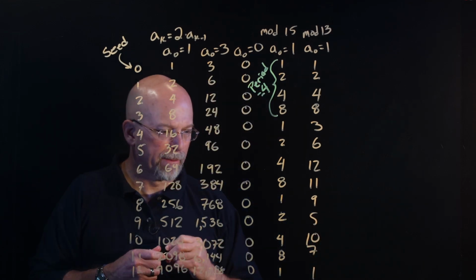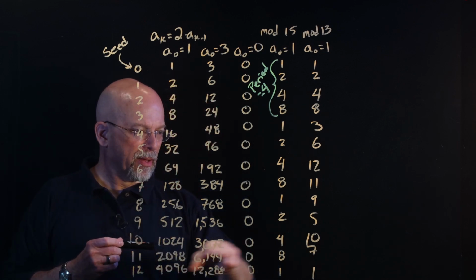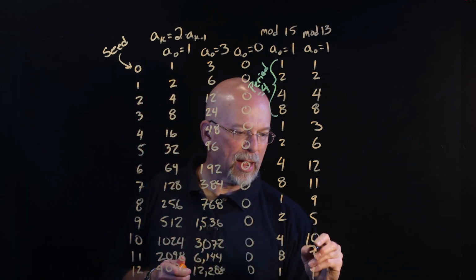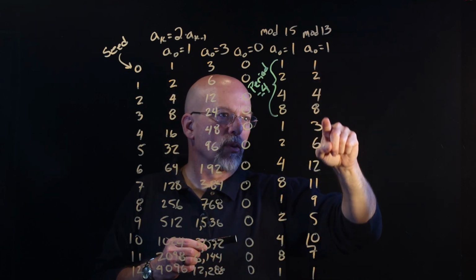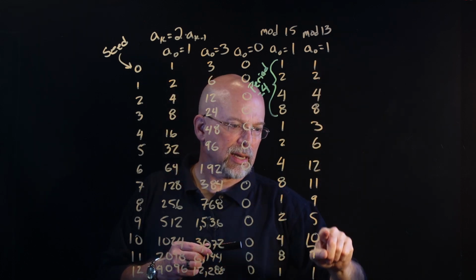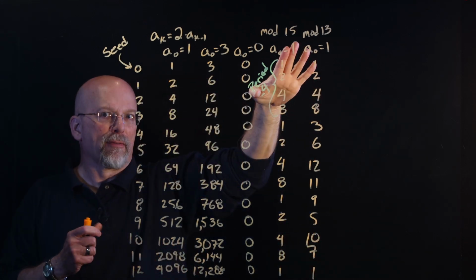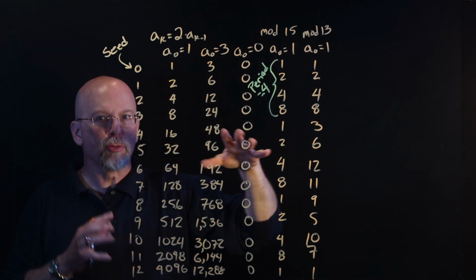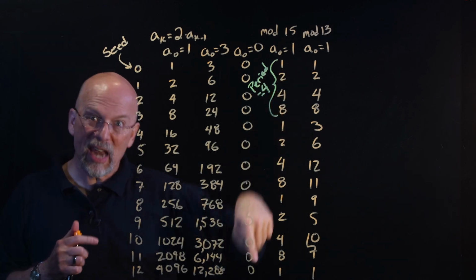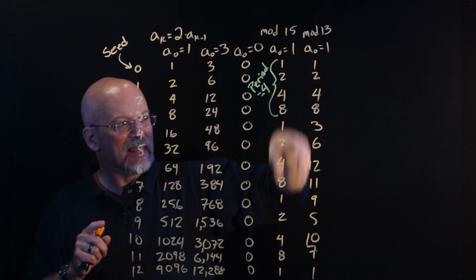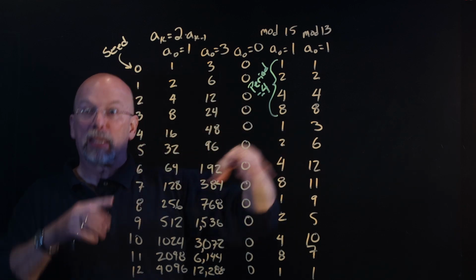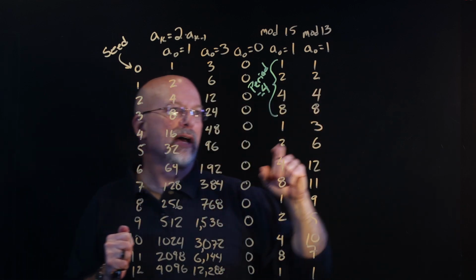All right. And in fact, we do not come around until after we go through 1, 2, 3, 4, 5, 6, 7, 8, 9, 10, 11, 12. So we have mod 13. We actually go through 12 different values, and none of those values are repeated because once we have a repetition in that sequence, we're going to create a period because we're going to start back over from where we left off.